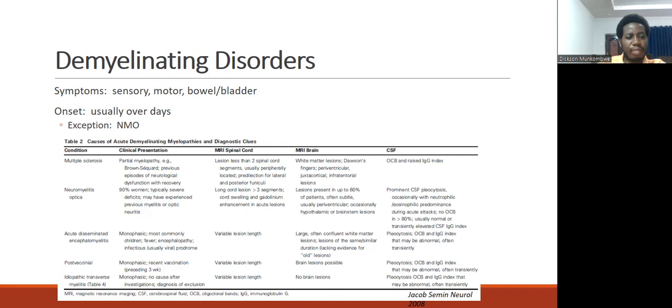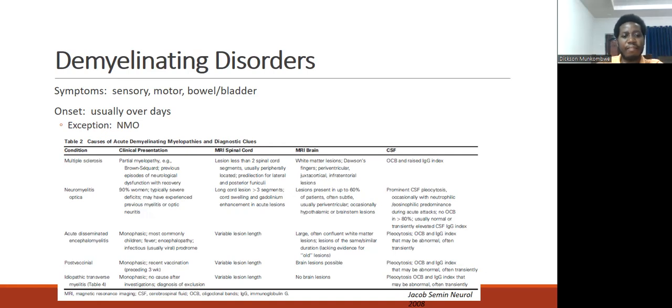We'll try to talk a bit about the clinical features. So in multiple sclerosis, you usually have a partial myelopathy, like a Brown-Séquard cord, where you have a partial segment of the spinal cord affected. Then in neuromyelitis optica, it tends to be very severe deficits and usually may involve a wider segment of the spinal cord as opposed to multiple sclerosis.